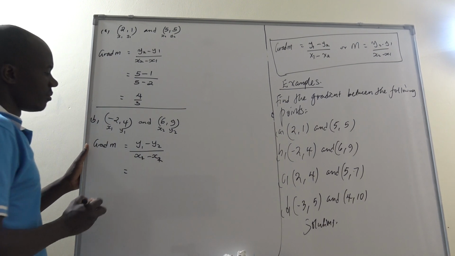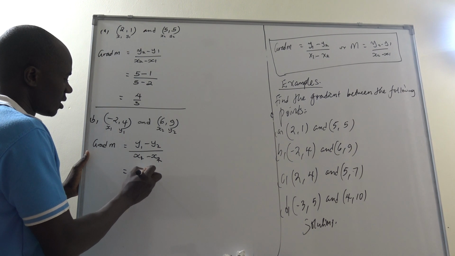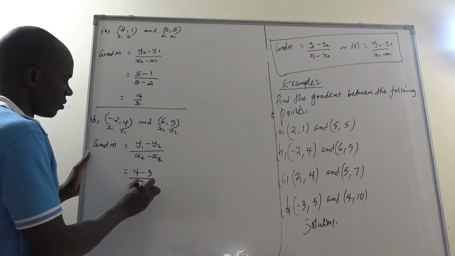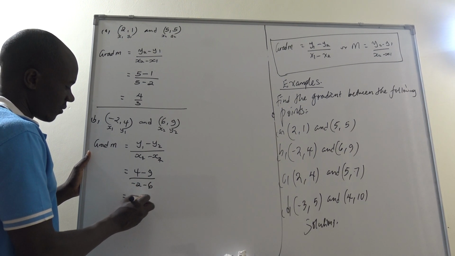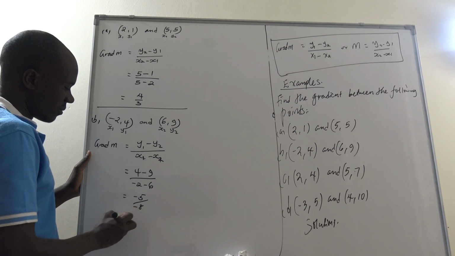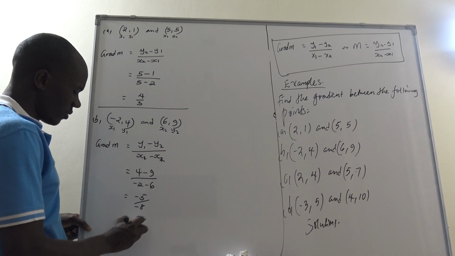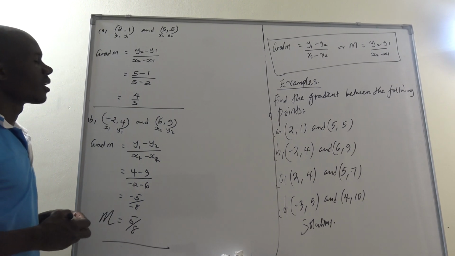So y1 is 4 minus 9 all over x1 is negative 2 minus 6. So we are getting negative 5 out of negative 8. The negative and negative cancel, so we are coming with 5 out of 8, which is the gradient m.